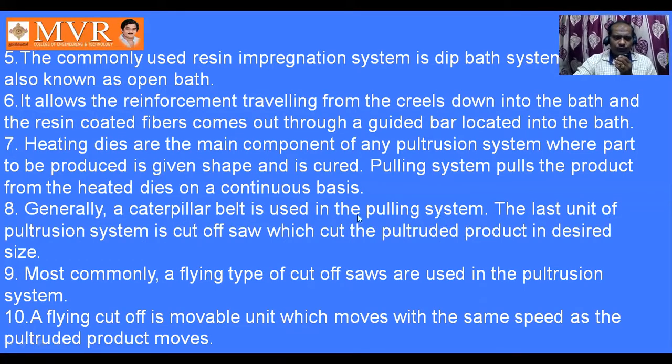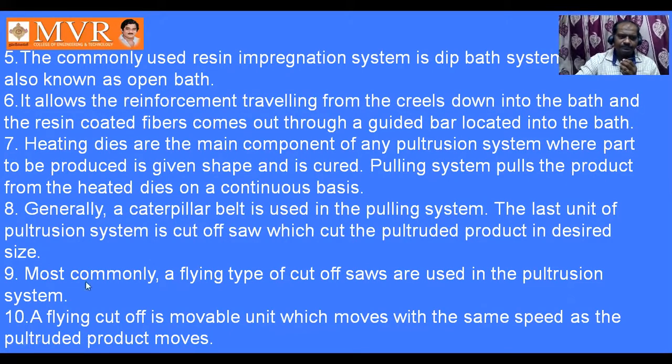The last unit of the pultrusion system is the cut-off saw, which cuts the pultruded product to the desired size. Most commonly, a flying type of cut-off saw is used in the pultrusion system. A flying cut-off is a movable unit which moves with the same speed as the pultruded product.